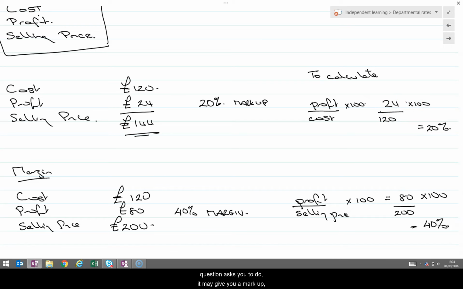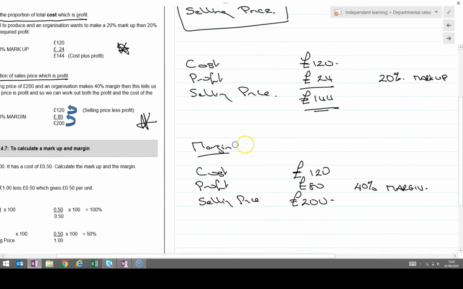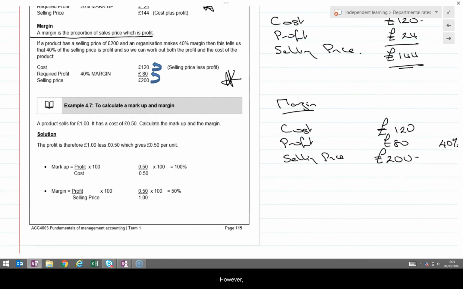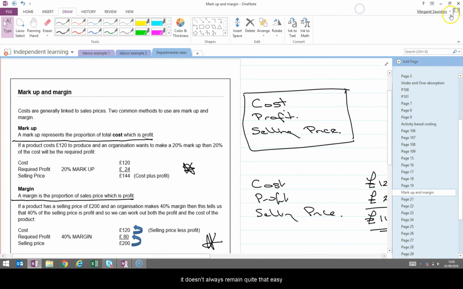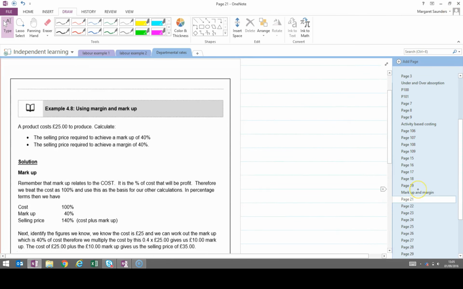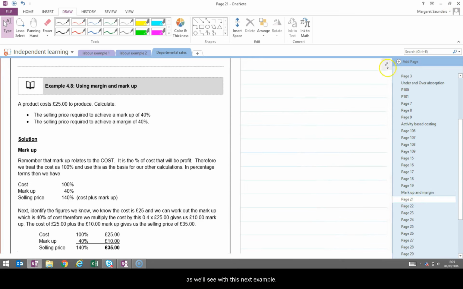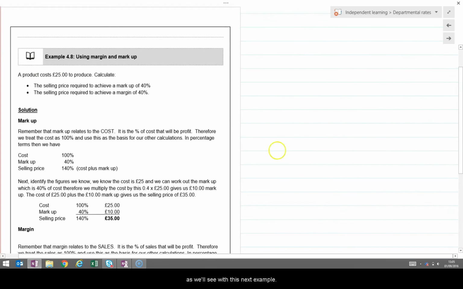It may give you a markup, it may give you a margin, and then you have to use them, or it may ask you to actually calculate a markup as a percentage or calculate the margin as a percentage. So that illustrates how you would deal with either of those requests. However, it doesn't always remain quite that easy, as we'll see with this next example.